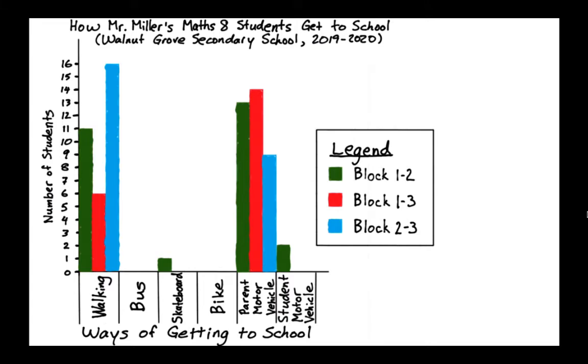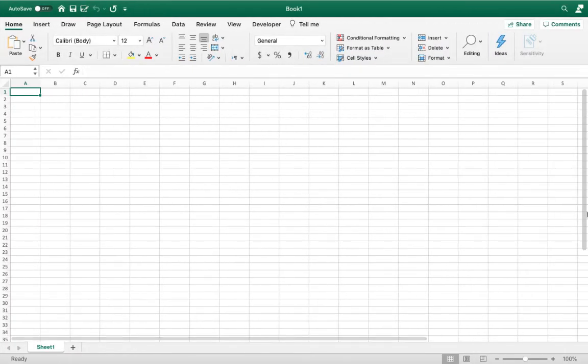I've got 3 different colors, and the reason that I've got 3 different colors is to indicate those 3 different sets of students. So that's how to make a bar graph. Now that's how you would make a bar graph if you're doing it by hand. Let's take a look at how you do that in Microsoft Excel.